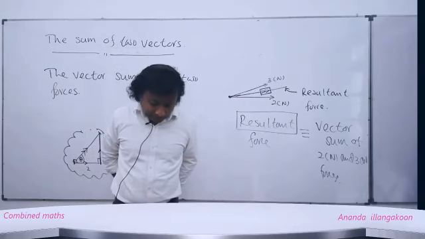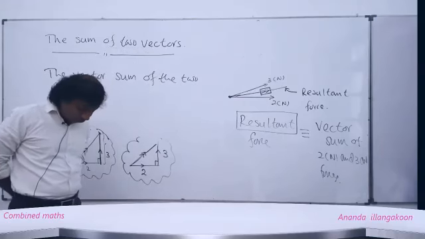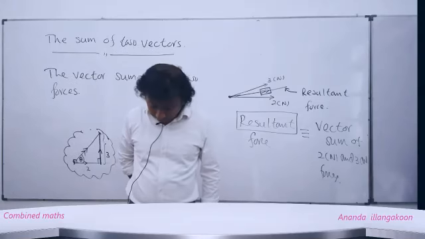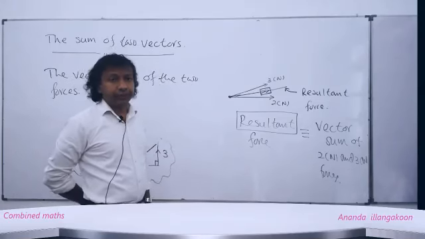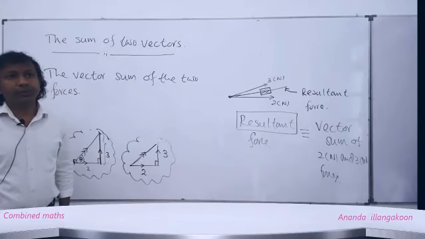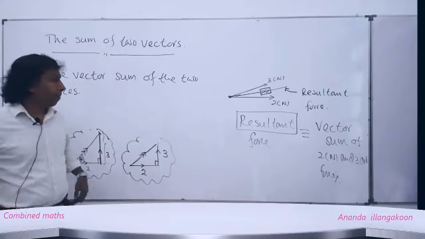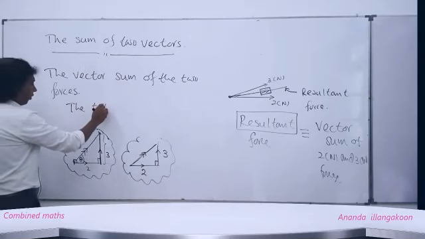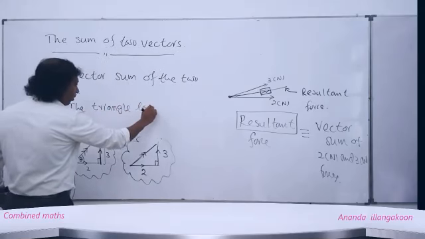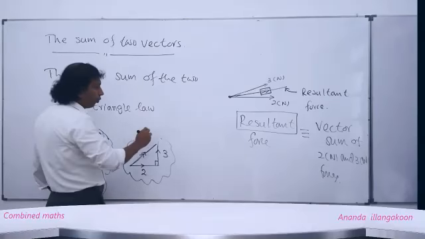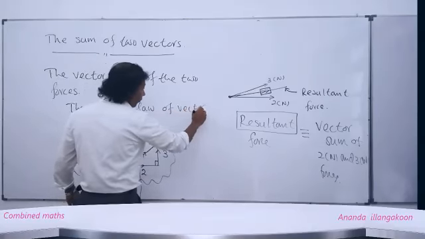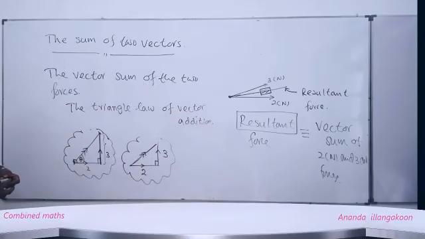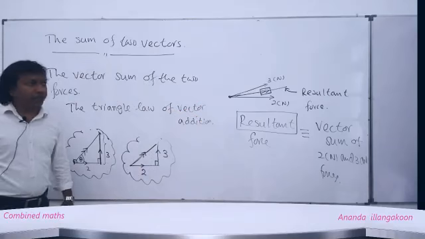In order to find the sum of two vectors, we use the triangle law of vector addition.